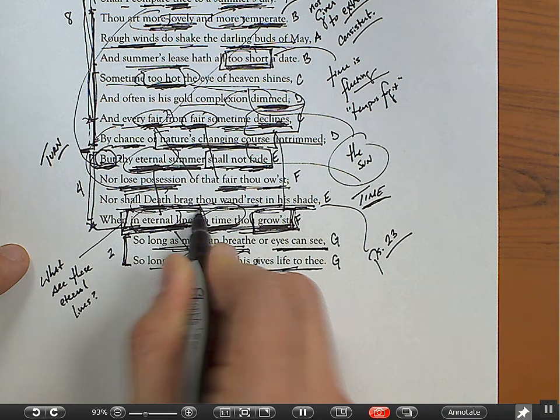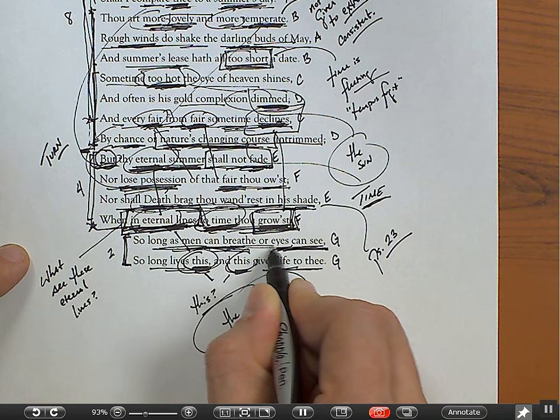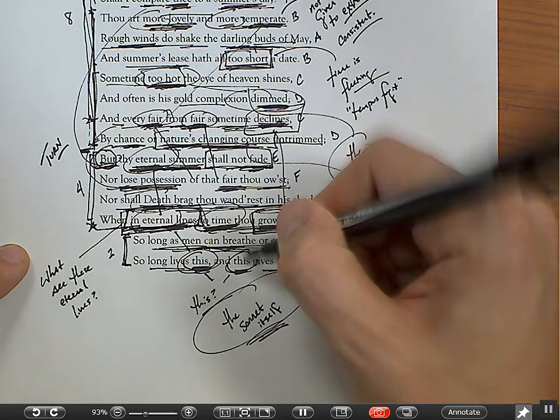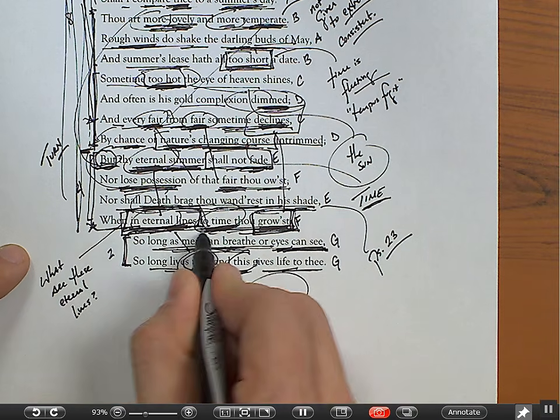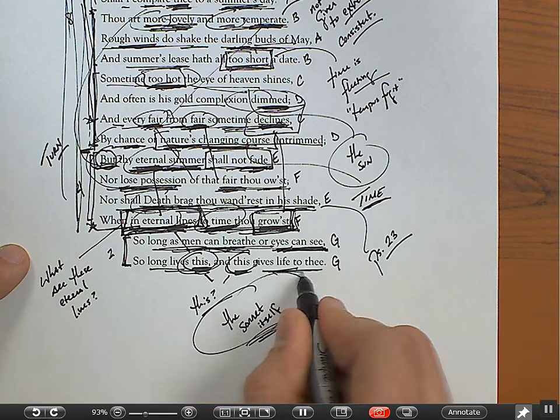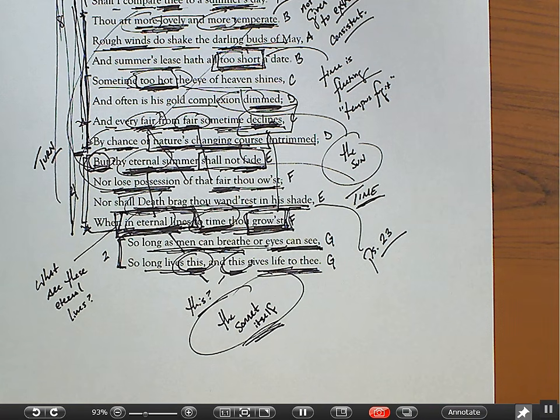These lines are eternal. Because as long as men can breathe or eyes can see, then they can live and see and read this sonnet. And when they read this sonnet, these 14 lines, these eternal lines, give life to the speaker's beloved. They are reborn upon every reading of this sonnet.